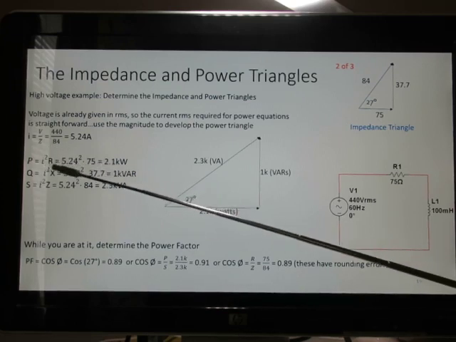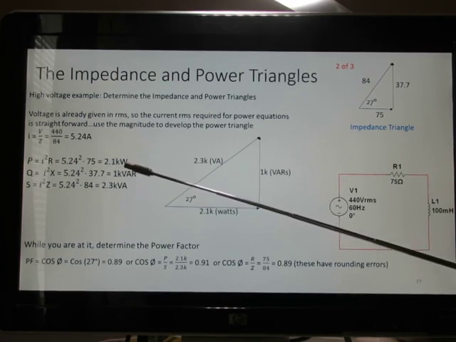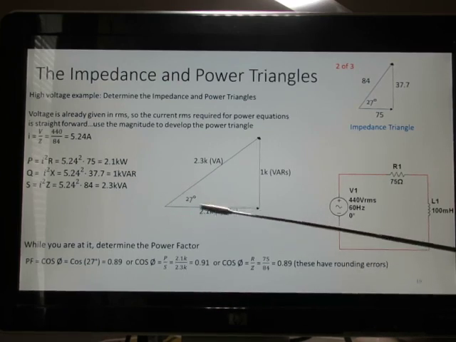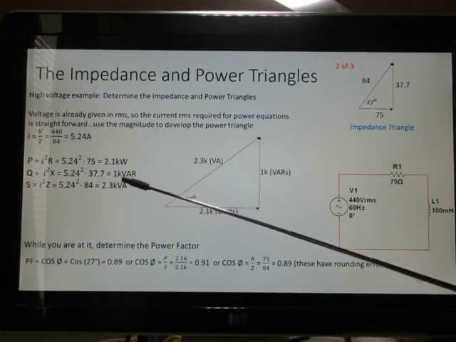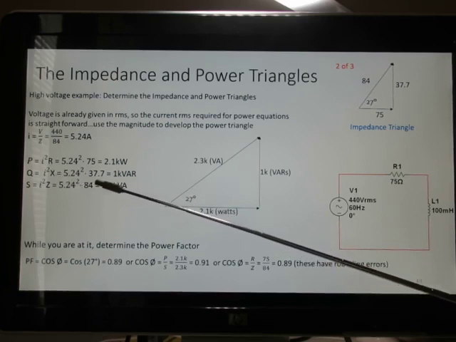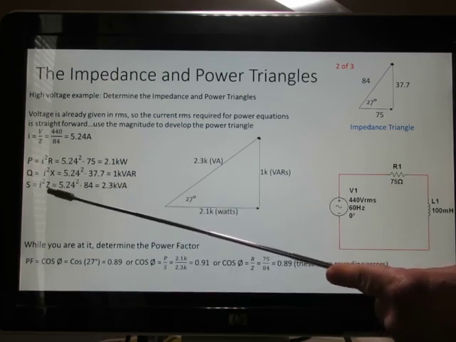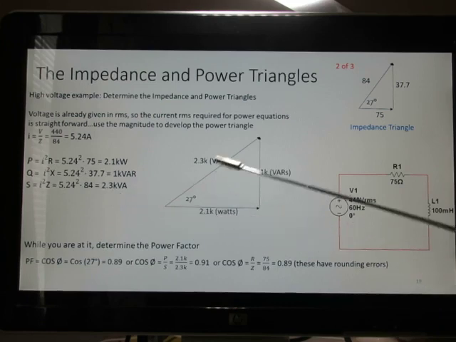So we do I squared R, we get 2.1 kilowatts, and that's our power to do real work. We have Q, our reactive power, I squared X, and we get 1 kVAR. And then S is computed as I squared Z, and we get 2.3 kVA.